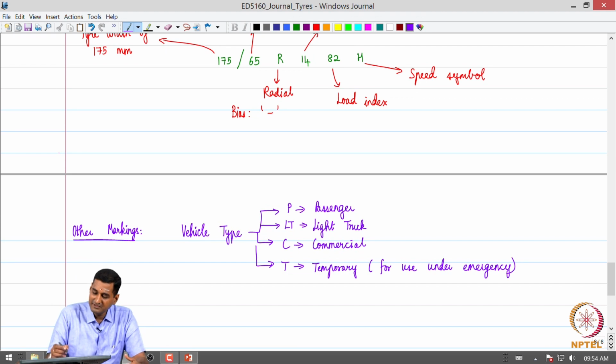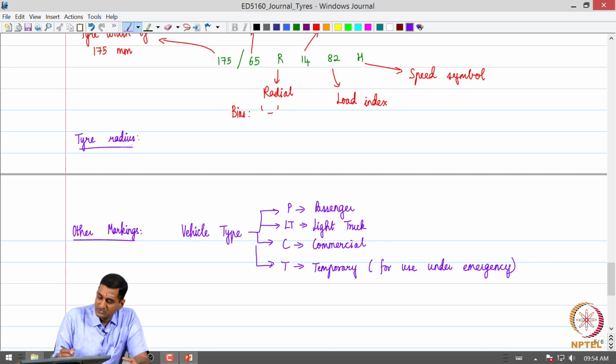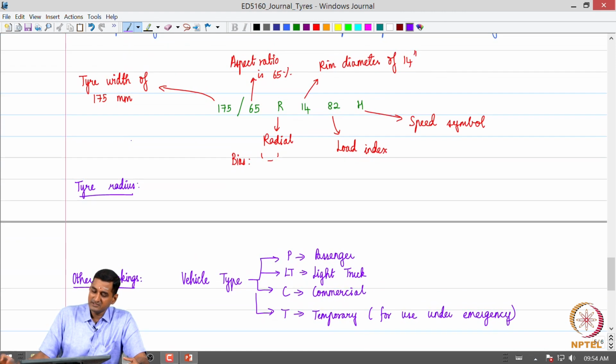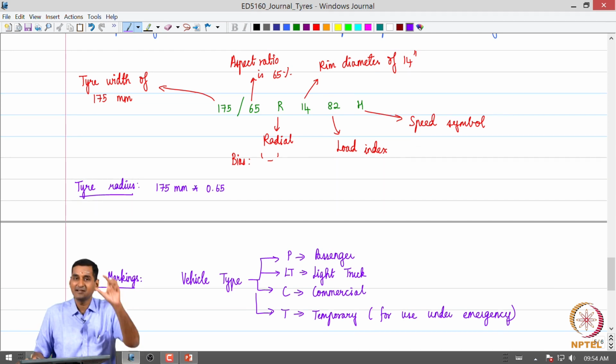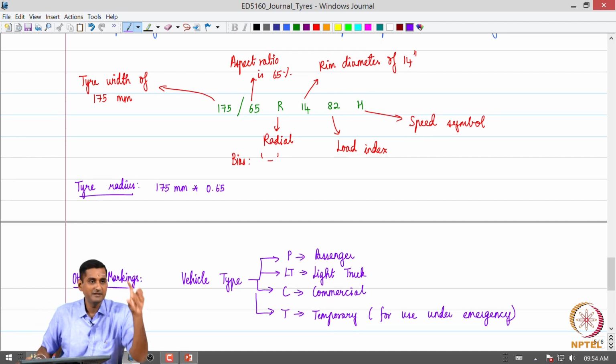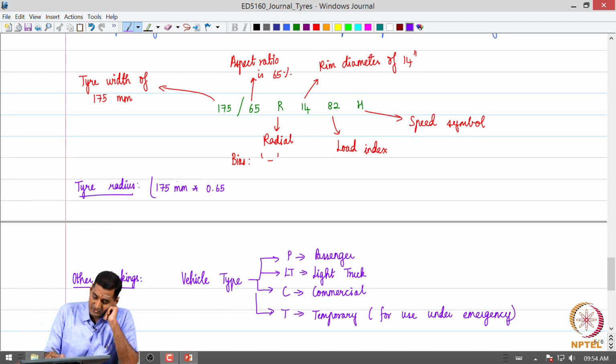Now, if we want to calculate the tire radius from this specification, how would we do this? Please note that the tire width is 175 mm. So, 175 mm times 0.65 will be the tire height, from the bead to the tread. Then, the rim diameter is 14 inches.